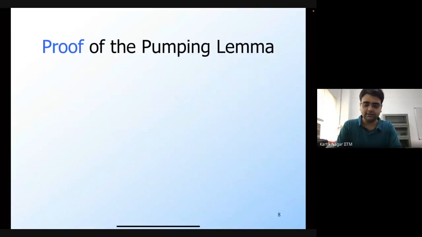So let's try to prove the pumping lemma for CFL. We won't give a very rigorous and formal proof. We'll just give an intuitive idea of why this pumping lemma holds. Remember that in order to prove the pumping lemma for regular languages, we relied on the fact that if your language is regular, then there exists a DFA for that language.